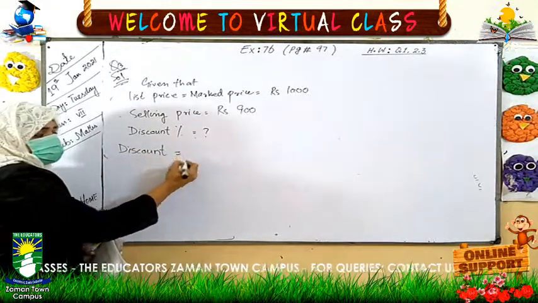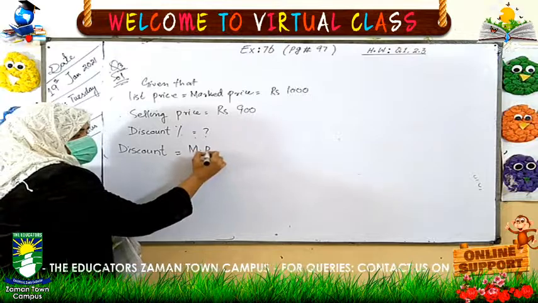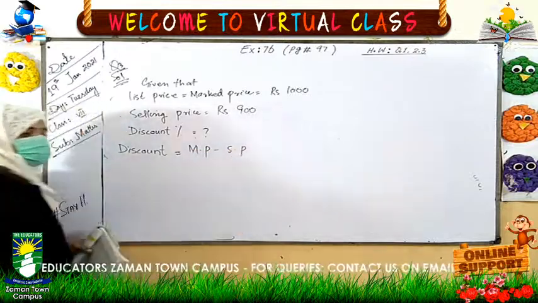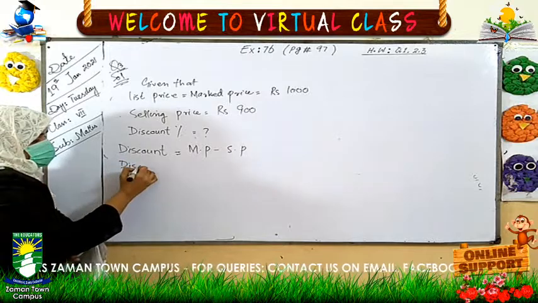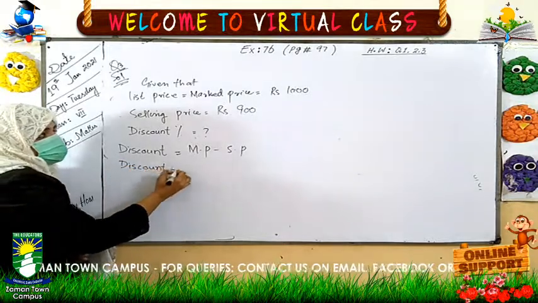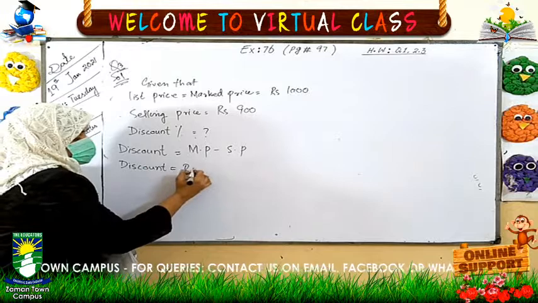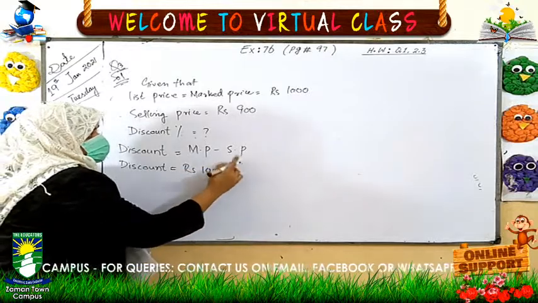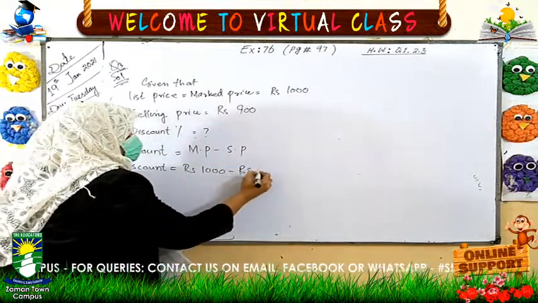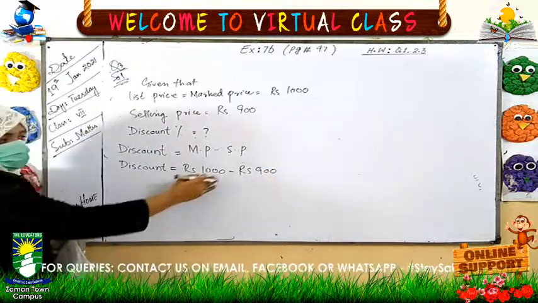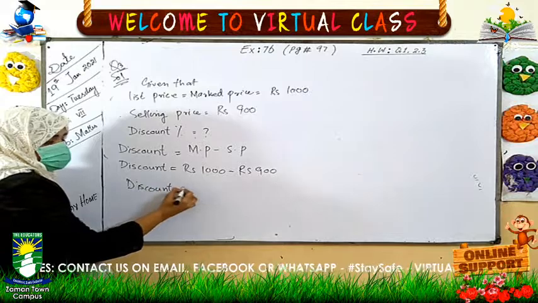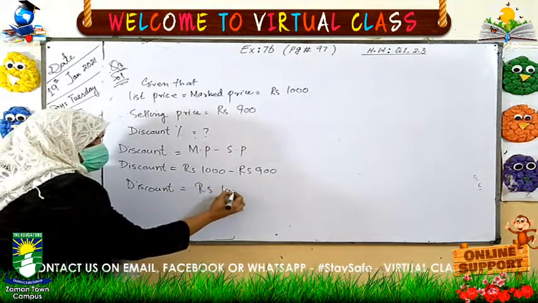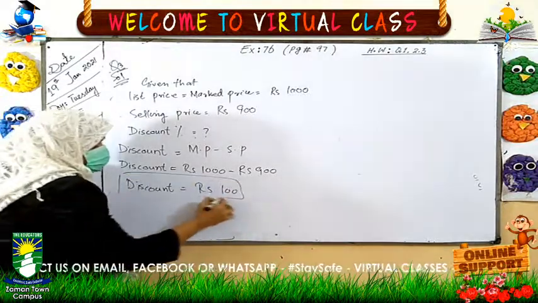We know that discount is equal to mark price minus selling price. Now what is your mark price here? Rupees 1000 minus selling price rupees 900. 1000 minus 900 will give you rupees 100.